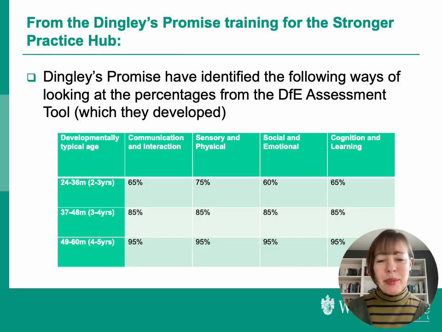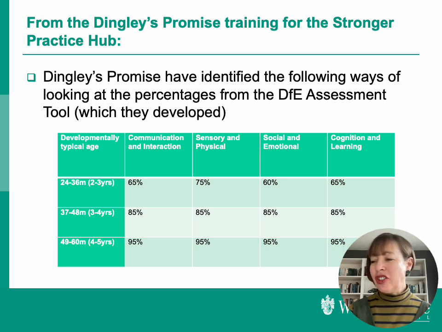I've created this table from the information that Dingley's Promise gave in their training about the DfE assessment tool that they did through the Stronger Practice Hub recently. And helpfully, it's just giving us an indication of what percentage score a child might have at different ages.